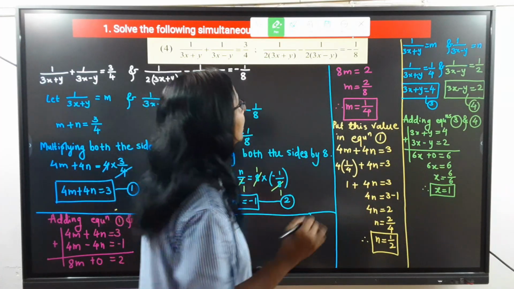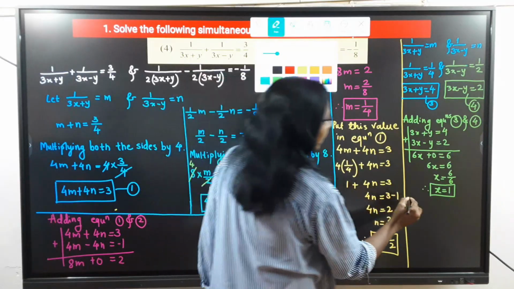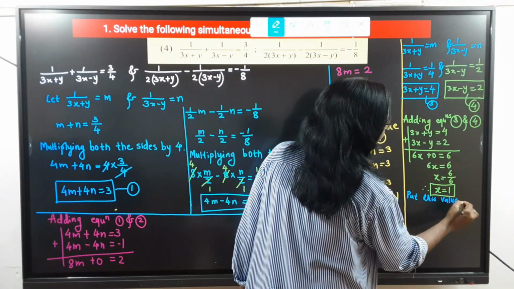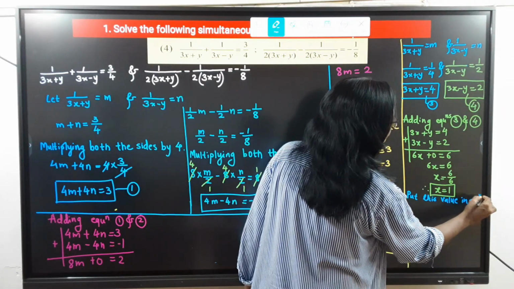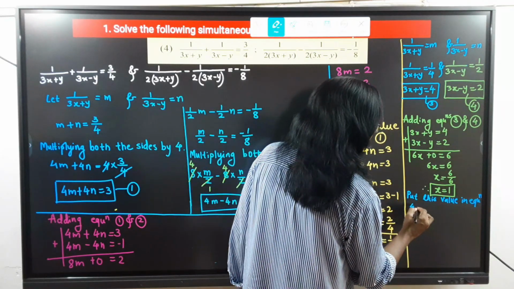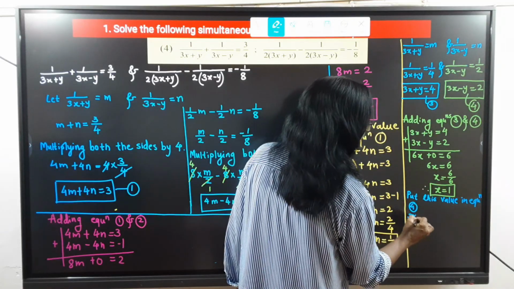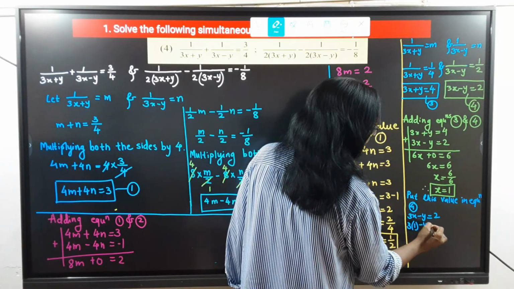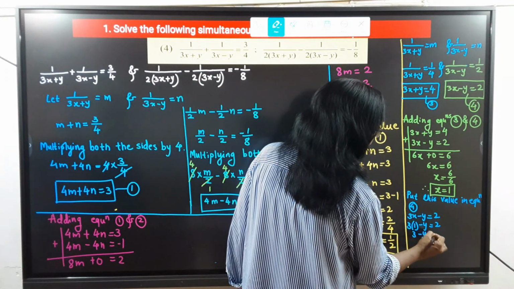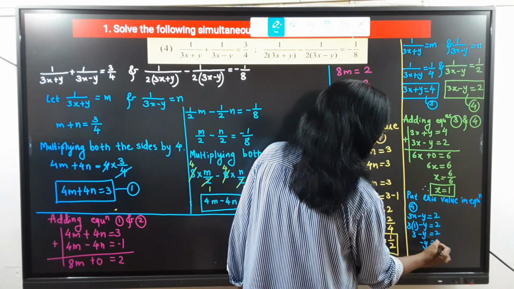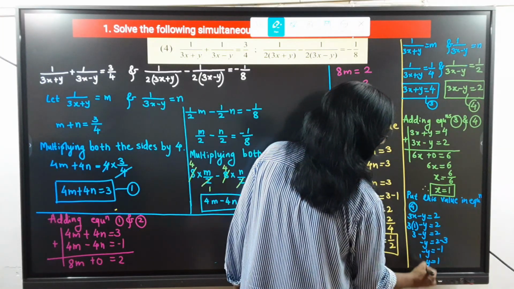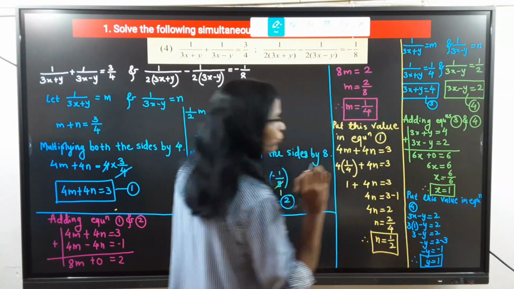Then the next step is to put this value in equation 4. Therefore 3x minus y is equal to 2. Therefore 3 multiply 1 minus y is equal to 2. So 3 minus y is equal to 2. So minus y is equal to 2 minus 3. Minus y is equal to minus 1. Y is equal to 1. Therefore y is equal to 1.